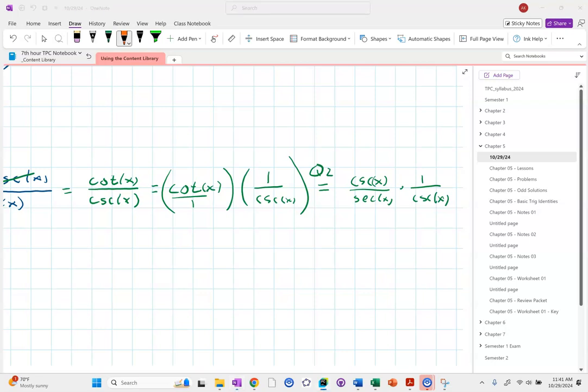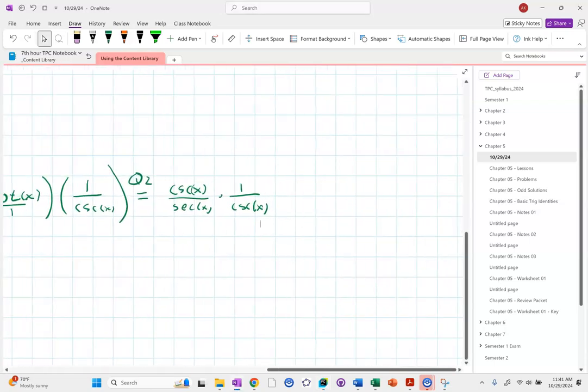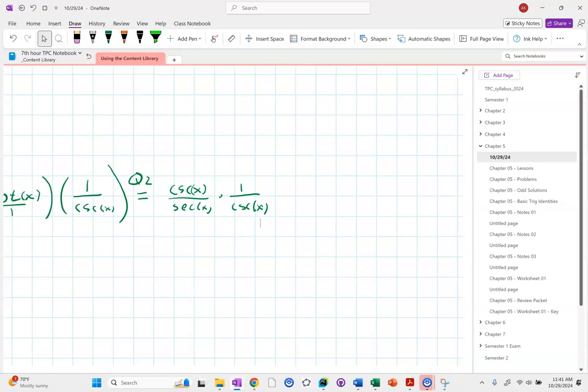Next person is Kiera. All right, so we're down to this. We have cosecant x over secant x times 1 over cosecant x. Great, I agree. Let's do an algebra thing. What algebra thing can we do?